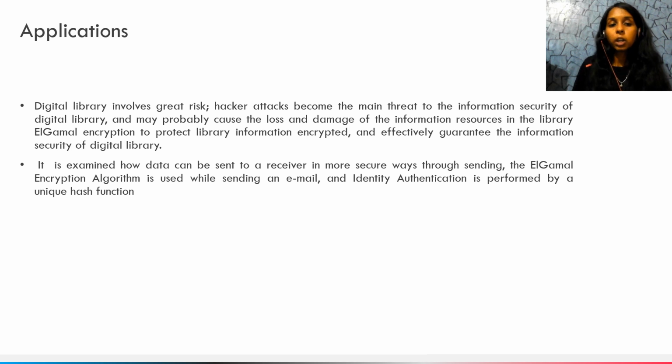It is also examined how data can be sent to the receiver in a more secure way, for example by email. The ElGamal encryption algorithm is used while sending an email, and for identifying the authentication, it is performed by using a unique hash function. So in these areas, the ElGamal cryptographic systems are used.